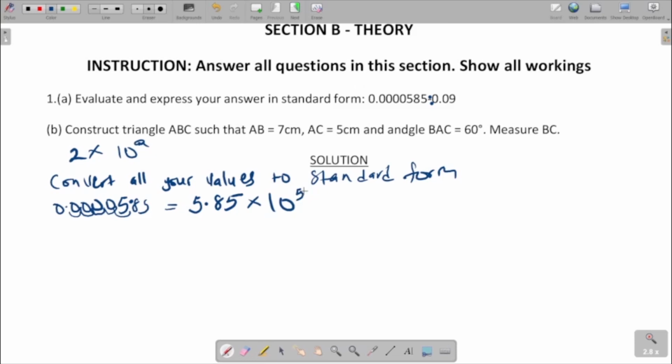If it's 5, we have positive 5. This time around, we are shifting towards the right hand side, 1, 2, 3, 4, 5. It means we are having minus 5. So 5.85 times 10 raised to the power minus 5 is the standard form of 0.0000585.